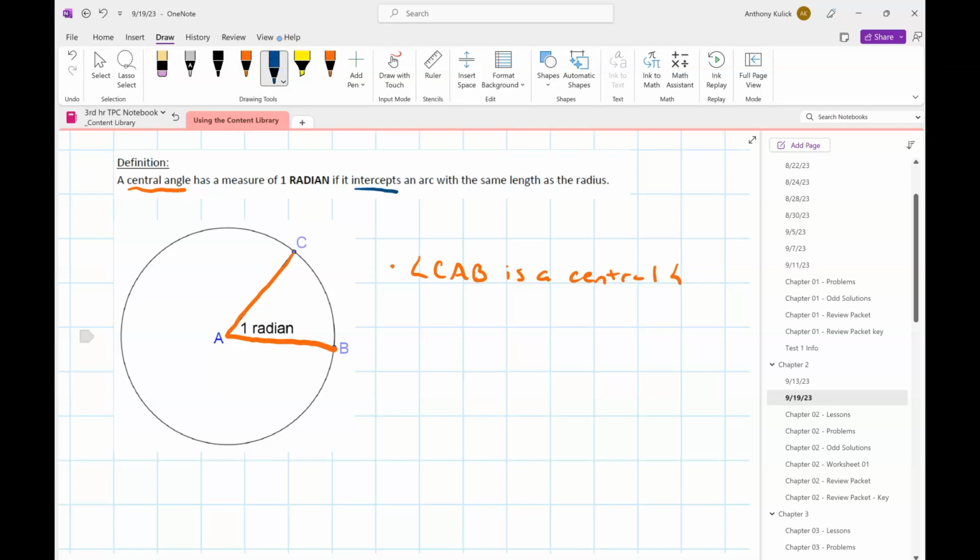When we say intercepts, we mean that the sides of the angle intersect the circle at some point.